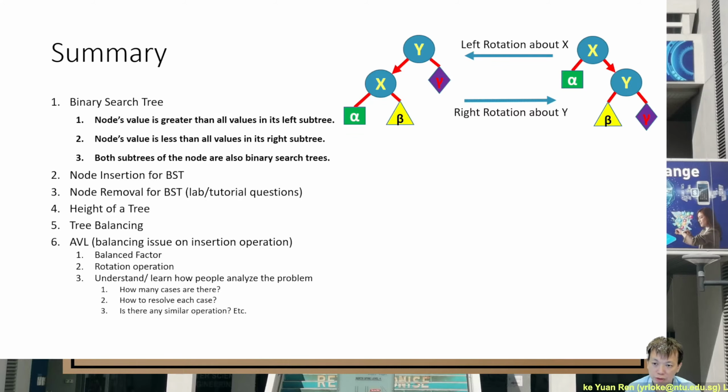We also showed you how to simply do node insertion and node removal, which is also this week's lab question. Of course, you can insert nodes and remove nodes. You need to know the height of the tree. And then soon you will realize that for some trees the structure is not good, then you need to do tree balancing. Here we only introduce one of the well-known tree balancing algorithms, which is known as the AVL tree.